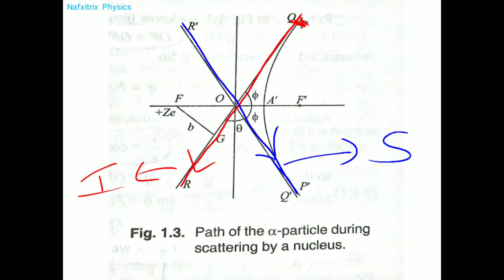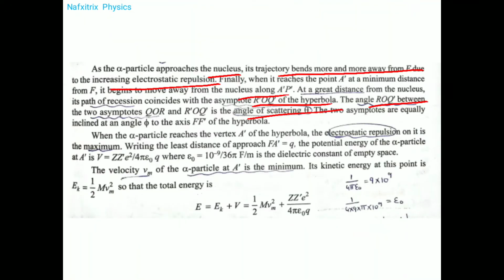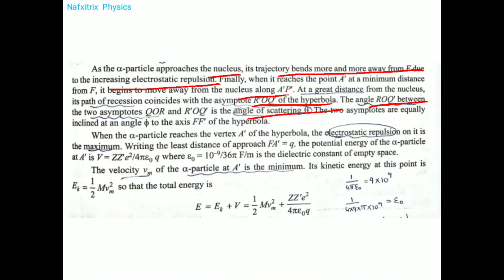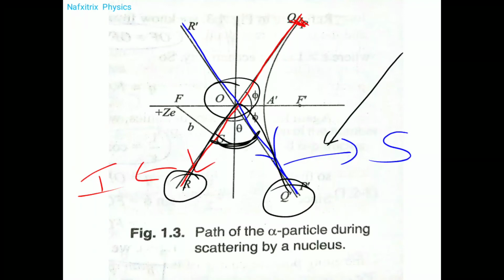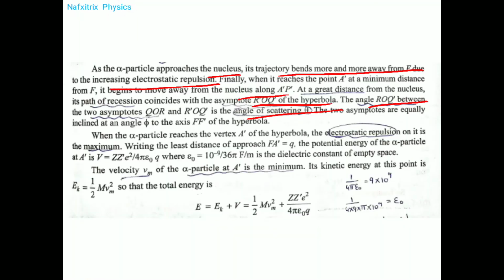Initially we discussed that the angle between the incident direction and the scattered direction is nothing but the angle of scattering, that is ROQ'. That means the particle was going in this direction initially, but it has gone to this direction. So this is nothing but the scattering angle. Understanding this is very important for scattering.